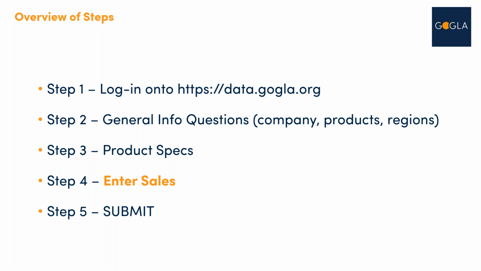And then we basically come to the meaty part where you will have to share all the different products and specifications of which you will report sales, and of course, most importantly, enter those actual sales numbers. Then in the end, quite a crucial step, you should not forget to press the submit button to make sure everything ends up in our database. So we'll go through all these steps in more detail.